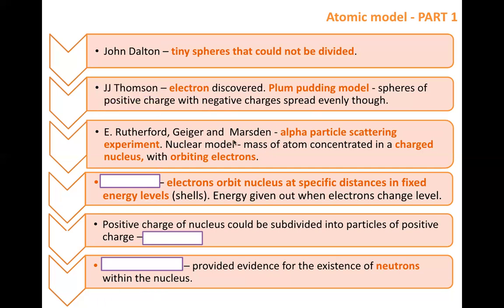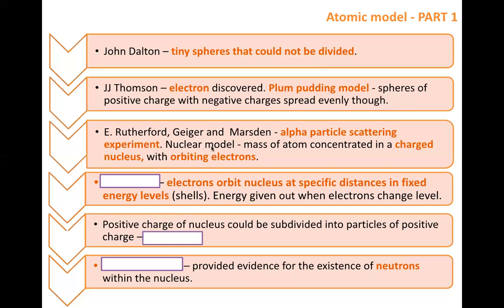J.J. Thomson was the next scientist, who discovered the electron. The experiments he did led to the plum pudding model, where spheres of positive charge with negative charges are spread evenly throughout the atom. So that's the plum pudding model, J.J. Thomson.